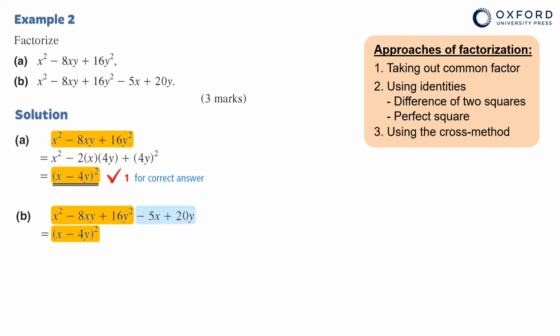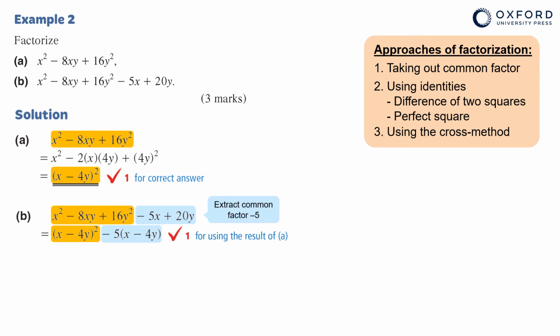For the remaining part, we can expect to find the expression x minus 4y, such that it can be extracted as a common factor. Let's extract the common factor negative 5 from the remaining part. The whole expression becomes x minus 4y whole squared minus 5 times x minus 4y. 1 mark will be given for using the result of part A.